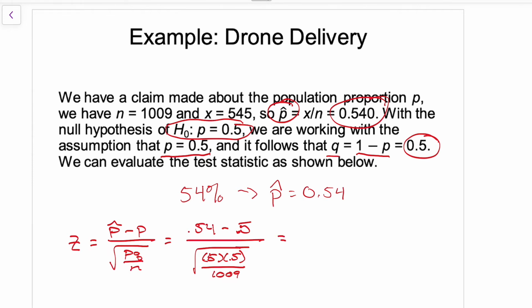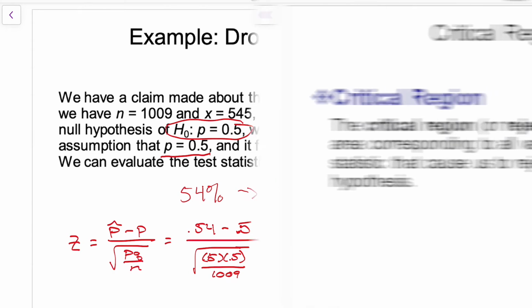If I compute this, I'll get 2.54. And again, this test statistic is going to be a z-score that we're going to have to compute the area behind or to the right of eventually. So we want to round to 2 decimal places. So our z-score, or our test statistic in this case, is 2.54.